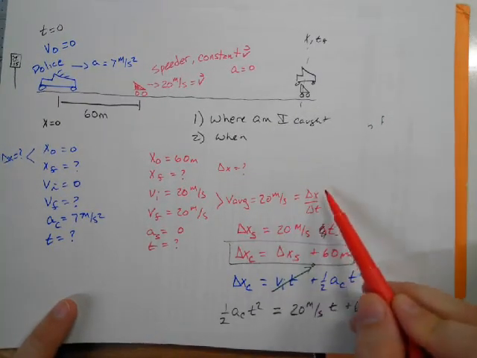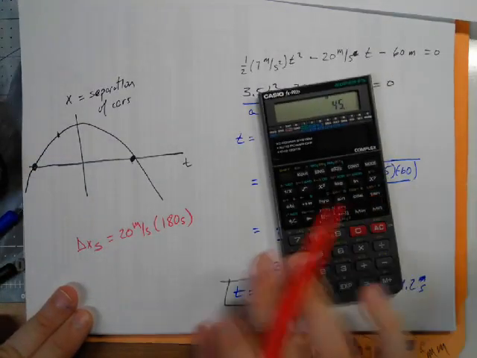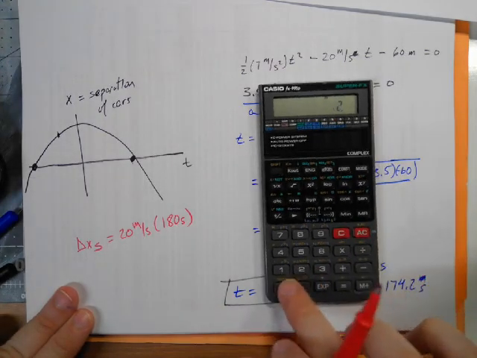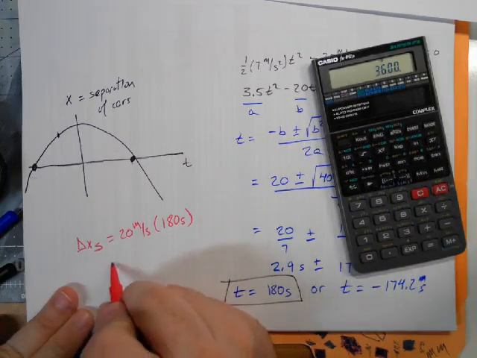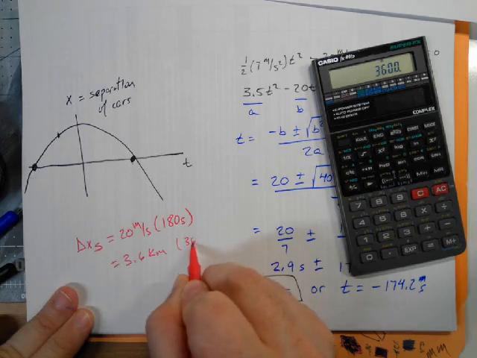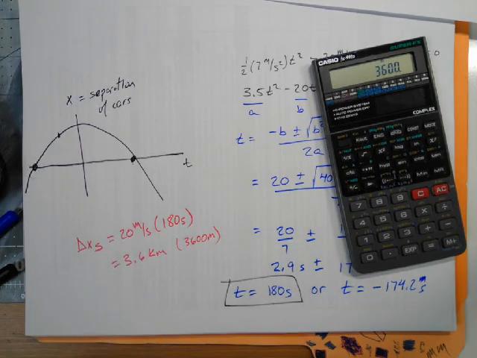The V average is delta x over delta t. And so we go with this, and 20 times 180 should be 3,600, is 3.6 kilometers, 3,600 meters. It's a couple miles.